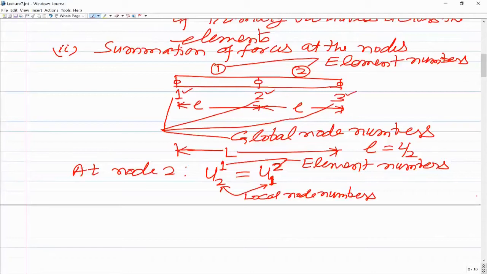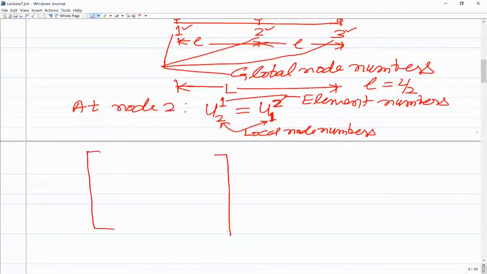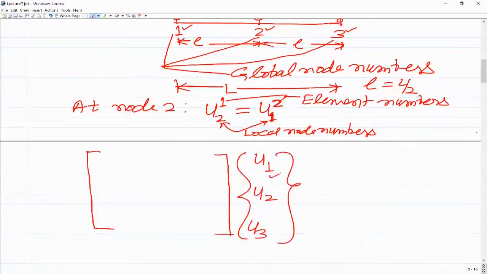Let us call them u1, u2, u3, where these subscripts are the global node numbers. There will of course be a stiffness matrix. Since there are three degrees of freedom for the entire assembly, I am denoting those by u1, u2, u3, and the 1, 2, 3 are the global node numbers.